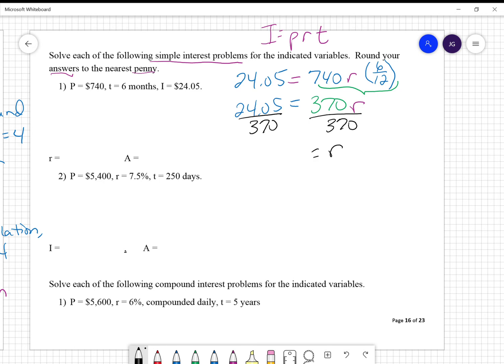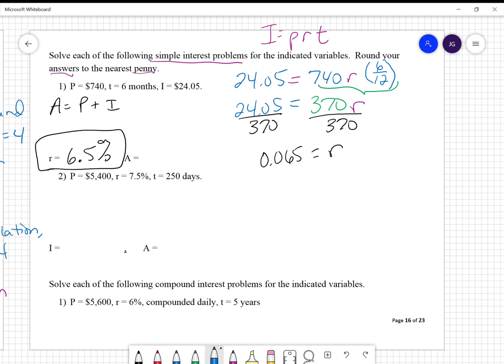R is 0.065, which is 6.5%. And then A is equal to principal plus interest. So A is equal to 740 plus 24.05, $764.05.